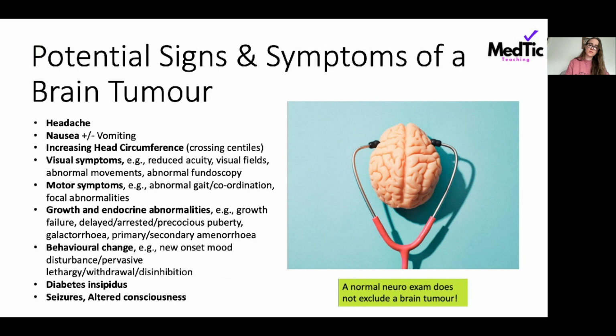It's important to ask about all of these symptoms, any predisposing factors like personal or family history of a known brain tumour or leukemia, early onset breast cancer in the family, any previous radiation to the central nervous system, or conditions like neurofibromatosis or tuberous sclerosis. All those can predispose you to brain tumours.